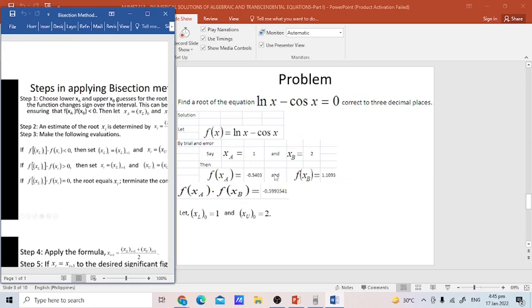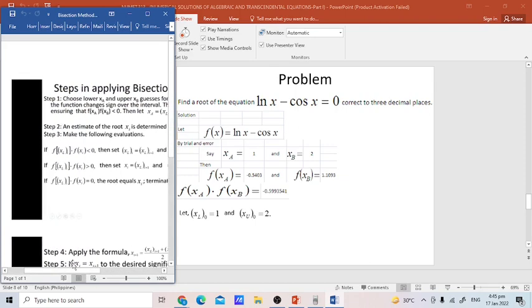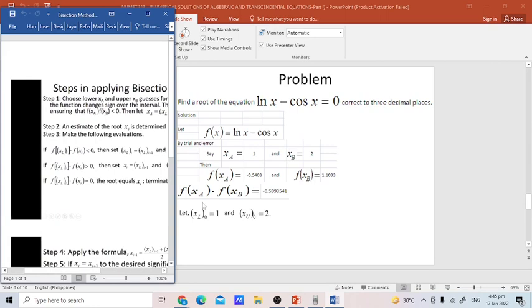And what is the value of x now such that f of x equals 0? That is our goal. This can be checked by ensuring that the product f of xa times f of xb is less than 0. If we multiply the two, negative times positive, we get negative, and that is less than 0. So therefore, we can now proceed in applying bisection method.